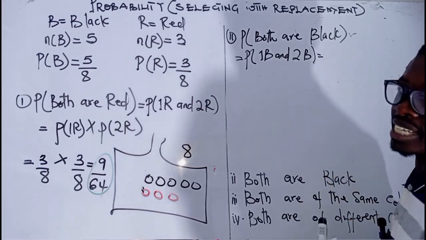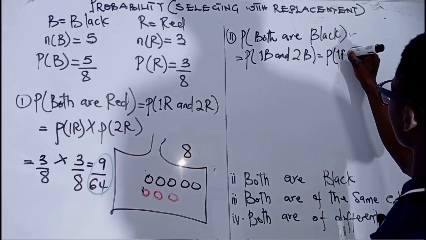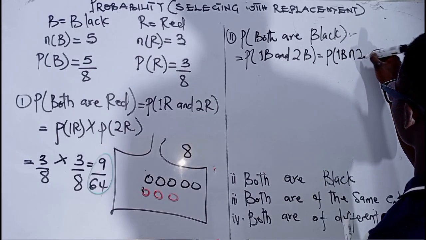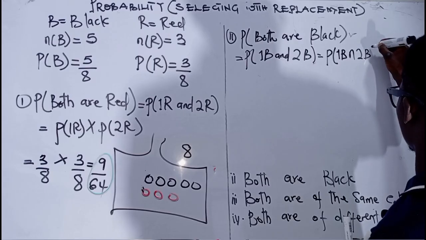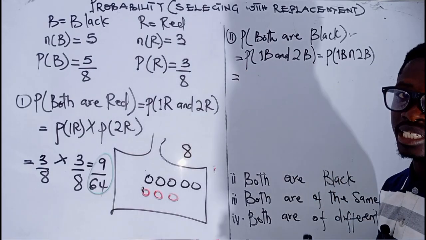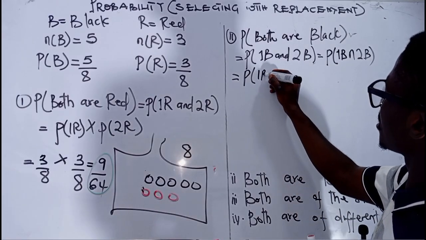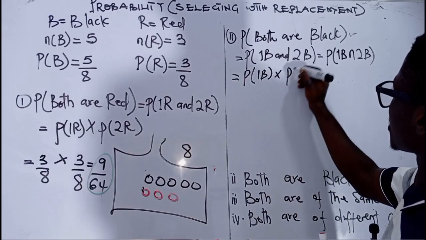Since we have "and", it can be written as the probability that the first one is black, and on the second draw, we have a black marble. The intersection means the multiplication law, so you can write it as the probability of the first black multiplied by the probability of the second black.